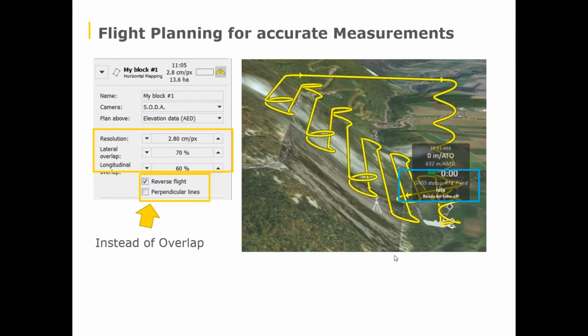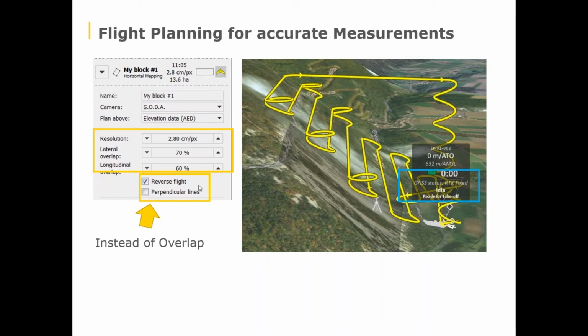Here is such an example. Here we're flying parallel to the slope. We leave those settings alone, the overlap, but we're going to use reverse flight lines. So after you fly the mission once, you repeat it, reversing the flight.